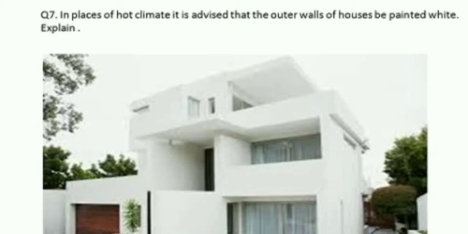So we would prefer it to be painted in a color which reflects most of the light and absorbs very little heat. The light colors absorb less heat, so white reflects most of the radiation. So it will keep the interior cool because white color absorbs less radiation and reflects most of it. So the house remains cool.